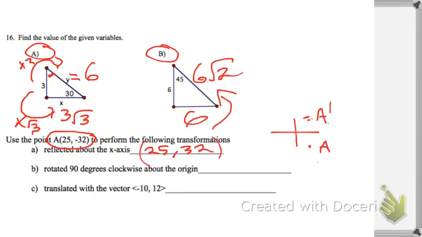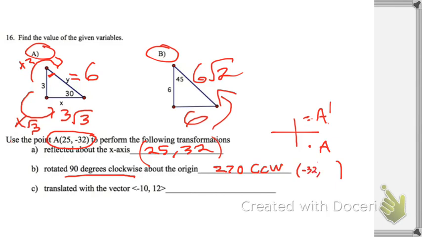To rotate 90 degrees clockwise is the same thing as 270 counterclockwise, which we have a little system for. 270 counterclockwise means you swap the x and y and you change the second term. So we'll go negative 32. So there's negative 32.